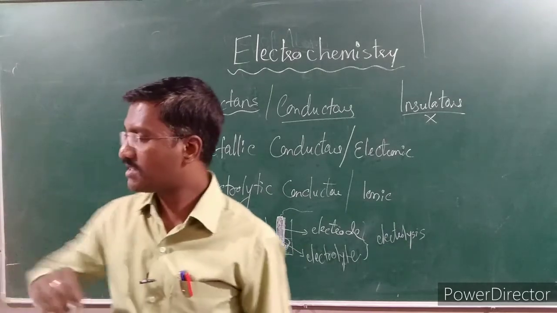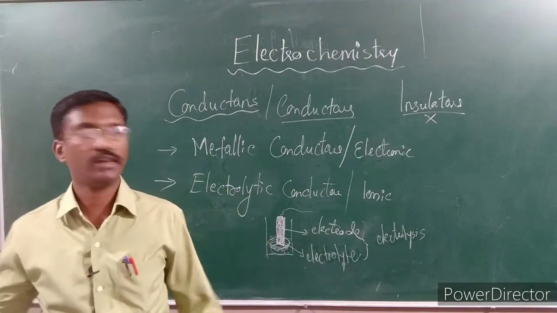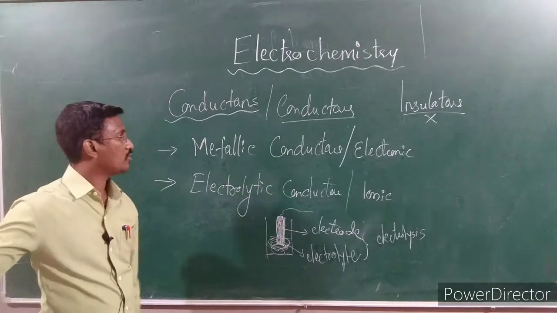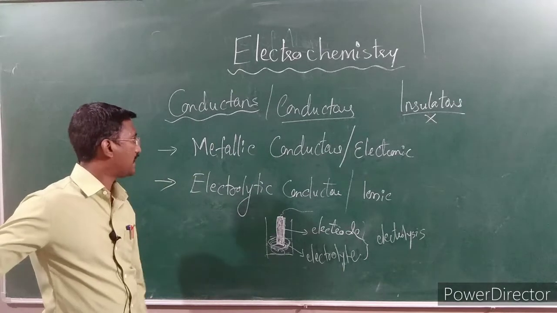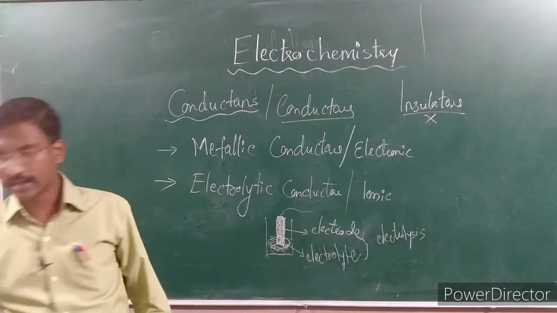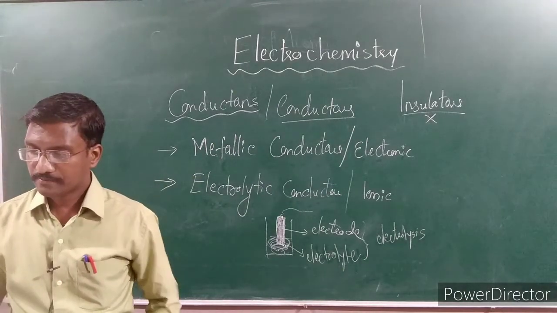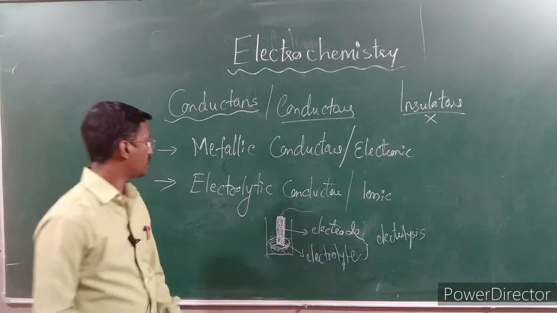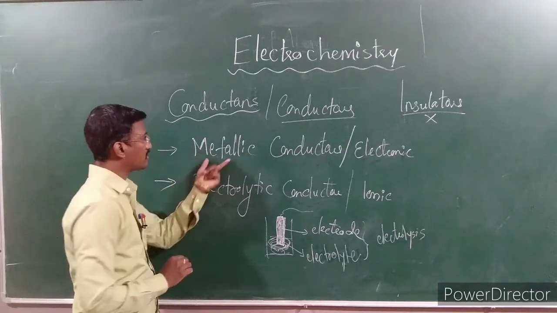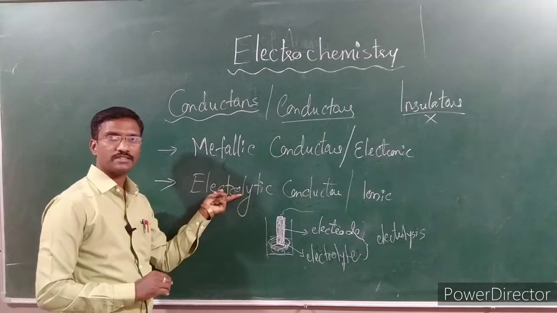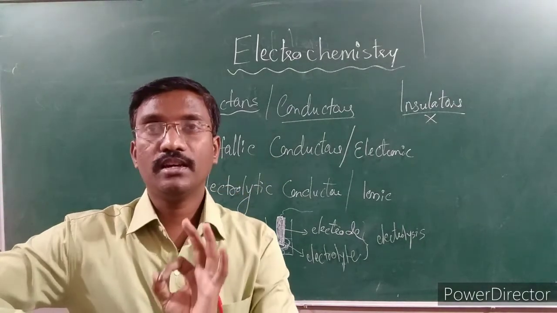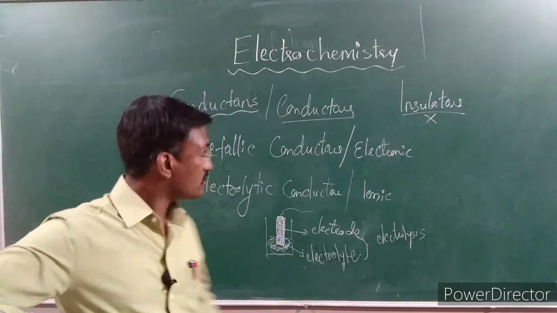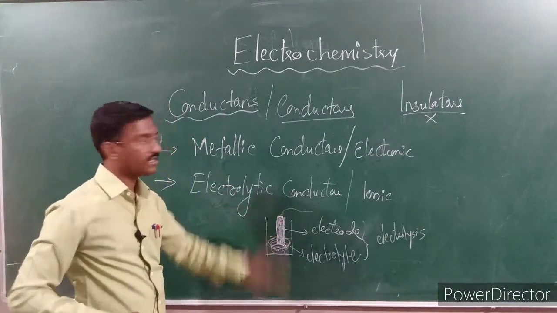If we continued further with the metallic conductor, it is purely physics, so we are stopping the metallic conductor and beginning the electrolytic conductor. This is related to physics and that is related to chemistry. So from now onwards we are going to study electricity in a solution, which is called the electrolytic conductor.